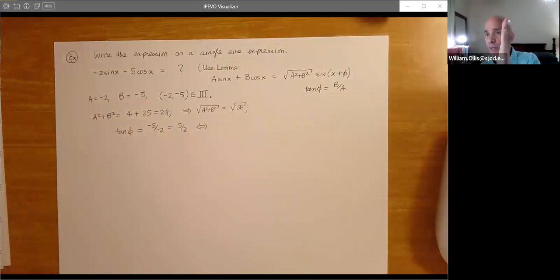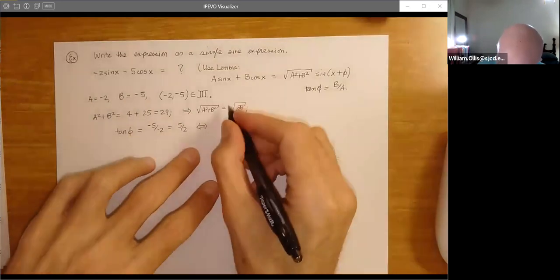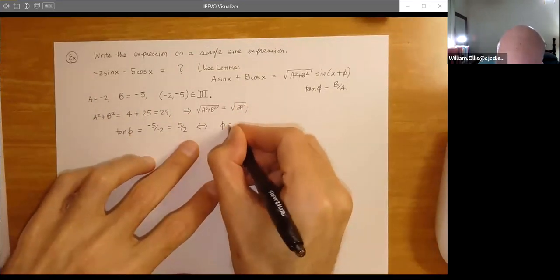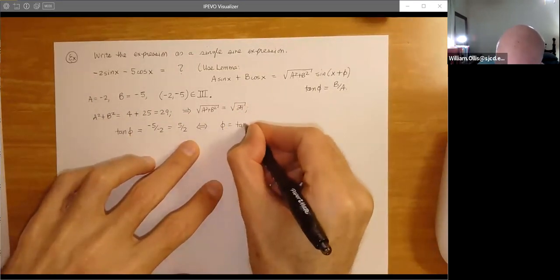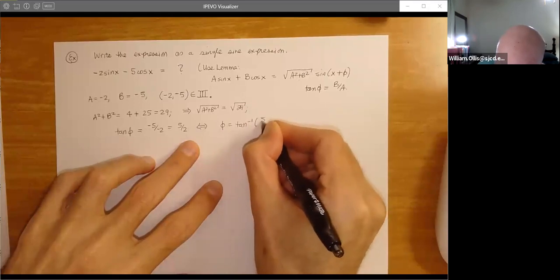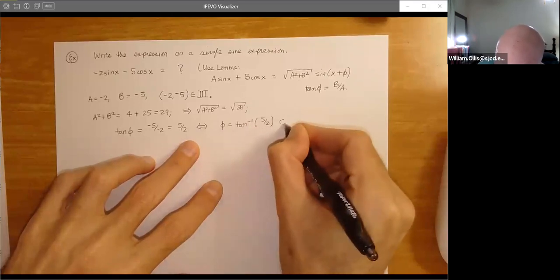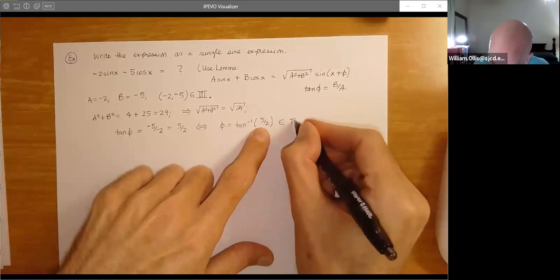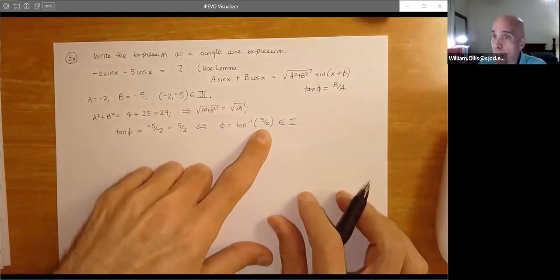How many times have we written that down? By now, that should be something that just pounds in your head. So this says that phi is the inverse tangent of 5/2. And this is a positive number, so this is in the first quadrant, okay?